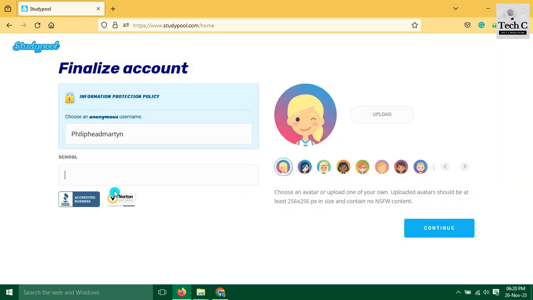Tutors on Studypool come from diverse educational backgrounds and have expertise in different subjects.